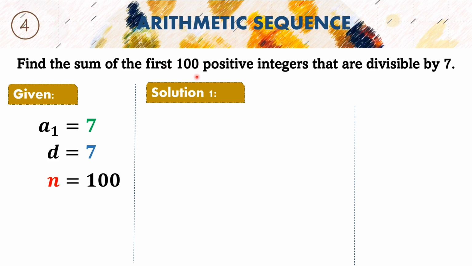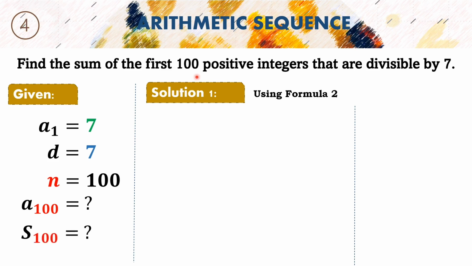We don't know the last term, which is the 100th term, or a sub 100. So we cannot proceed to solve for S of 100 right away, so we can use formula 2 as our solution 1.